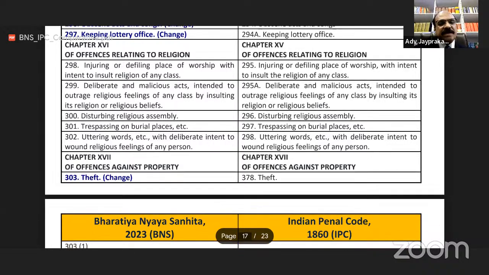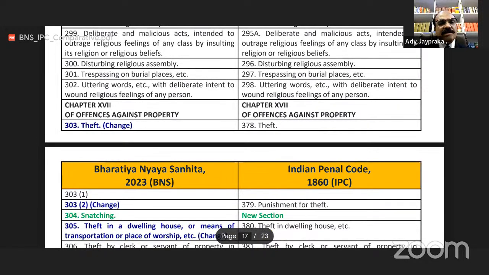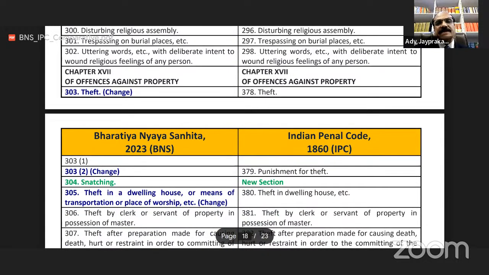Next, friends, chapter 17, and earlier it was also chapter 17 in IPC, of offenses against property. There is much difference between the sections on theft. In BNS, section 303 is related to theft.